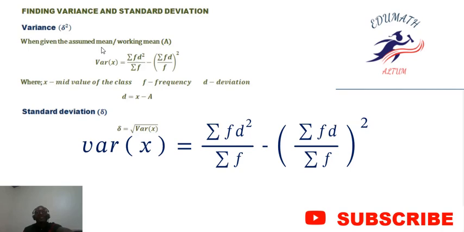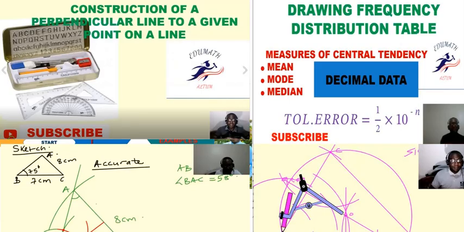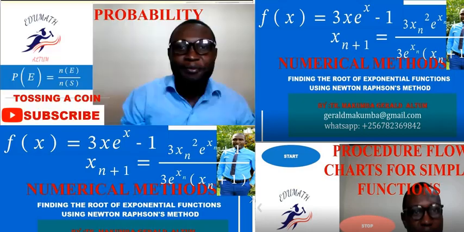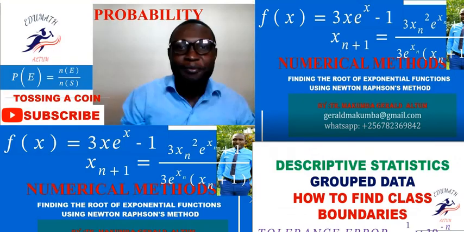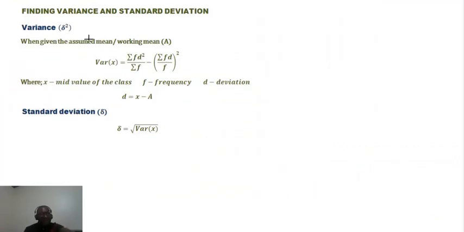For now, let's jump into it. When you are given the assumed mean or the working mean, finding the variance is very easy.